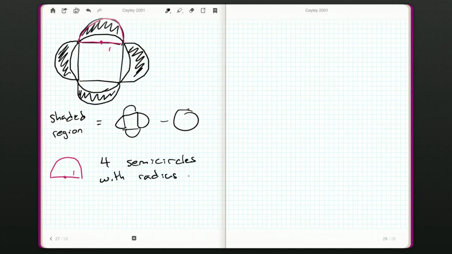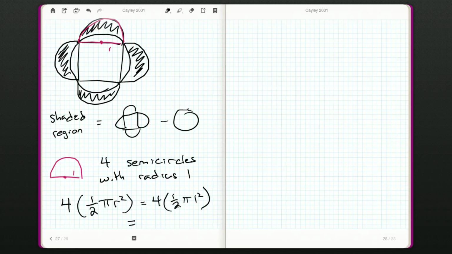with radius 1. Okay, so we have 4 times, well, if it's a semicircle, it's half the area of a regular circle. So it's half pi r squared. So that's 4 times a half pi. Well, what's r? It's 1. So the 4 and the half are going to cancel out. We'll be left with 2 pi.